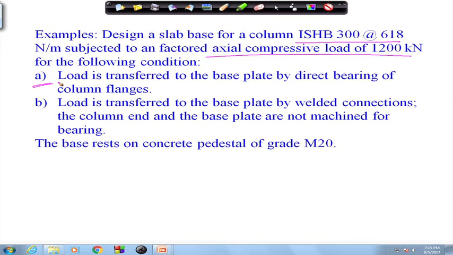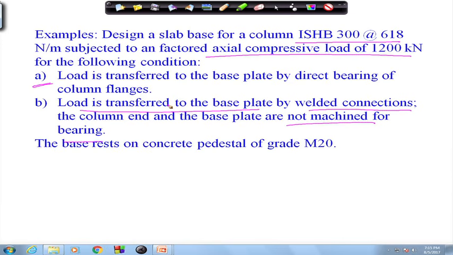The second case is where the load is transferred to the base plate by welded connections, that is, the column end and the base plate are not machined for bearing.